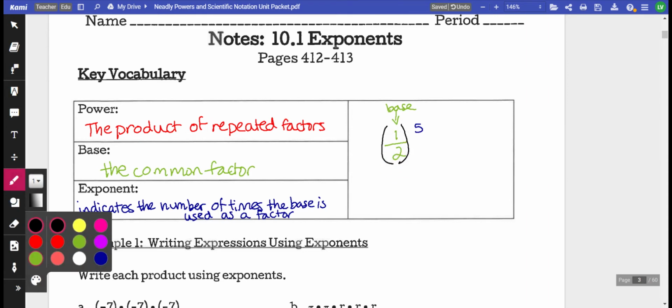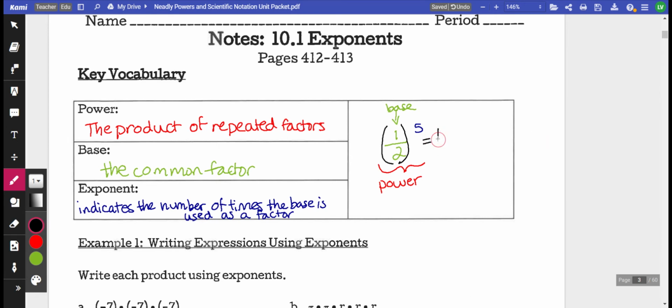Now this whole thing, 1/2 to the 5th power, is called the power. So 1/2 to the 5th power can also be written as 1/2 times 1/2 times 1/2 times 1/2 times 1/2.